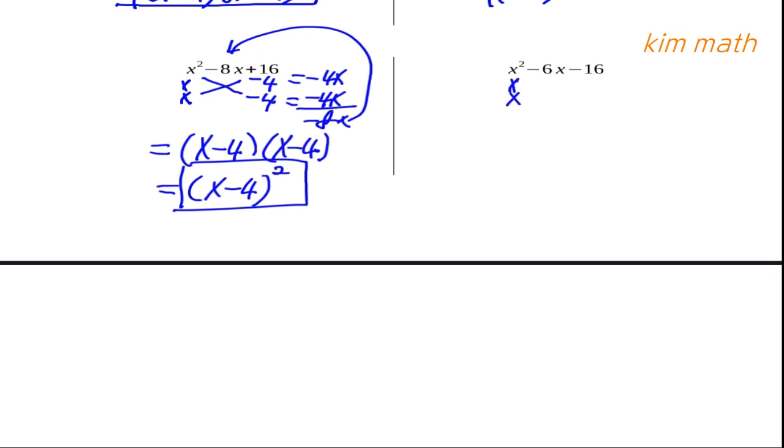x and x. Let me again show you the trial and error. If you think 4 and 4, please note that with 4 and 4, it is not possible to make a -6, right? So 4 and 4 is not a good choice. How about 2 and 8? 2 times 8 is 16, but negative 16.